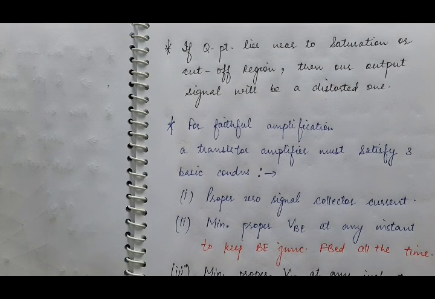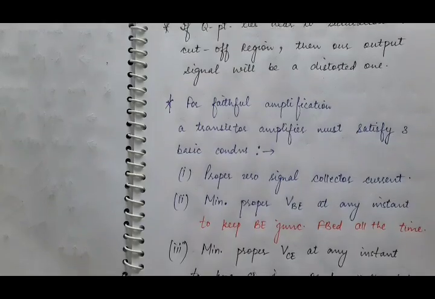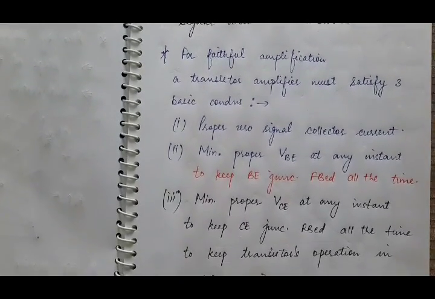So for faithful amplification or for the distortionless output signal, first we are saying that we need proper operating point which lies in the middle of the DC load line. But along with that, there are many things which we require, that is, our transistor must operate in active region. And for the proper operation of transistor in the active region, we require these three conditions.